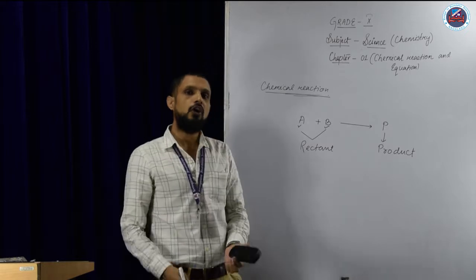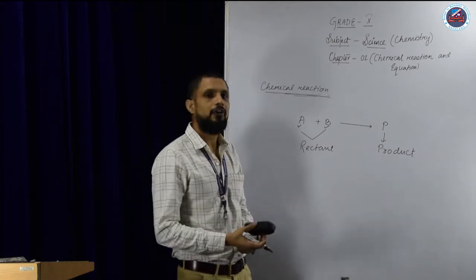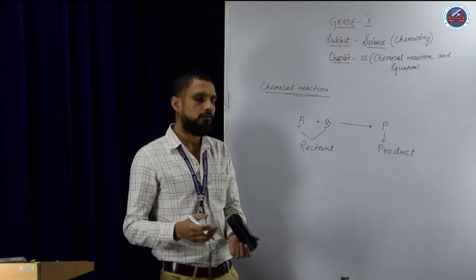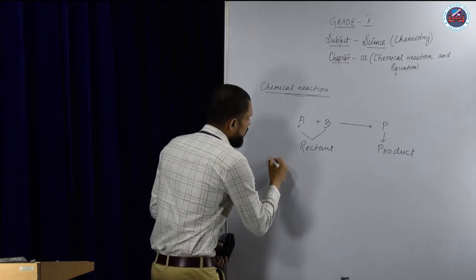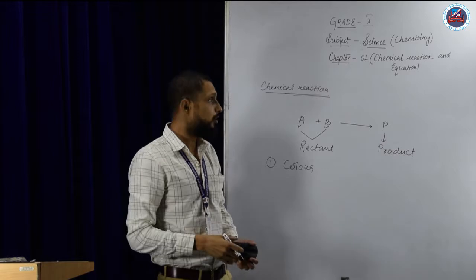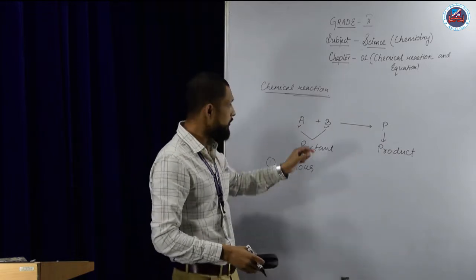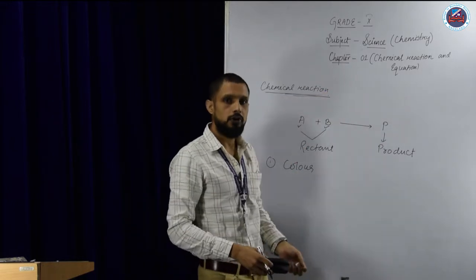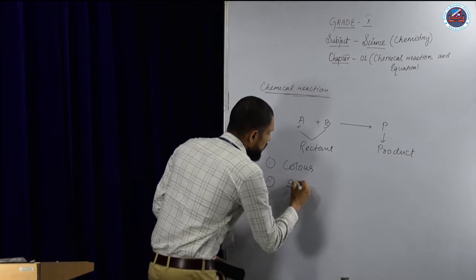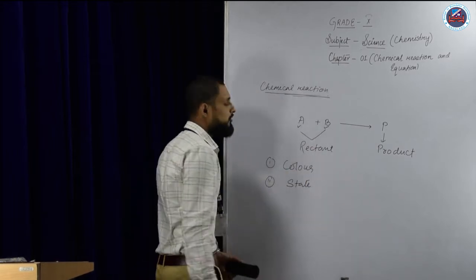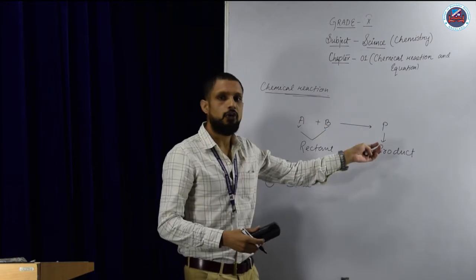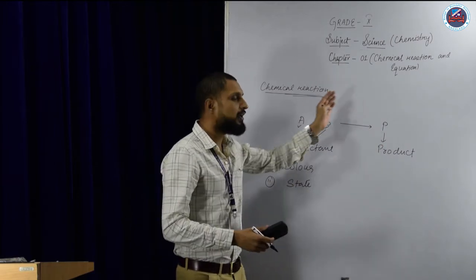Now the question is, how do we find whether the chemical reaction has taken place or not? There are different characteristics. You can check the color. If you see a change in color, that means the chemical reaction has taken place, the reactant has formed product. Or you can find out from the change in state, like if the reactant is solid and becomes liquid, or the reactant is solid and becomes gas.